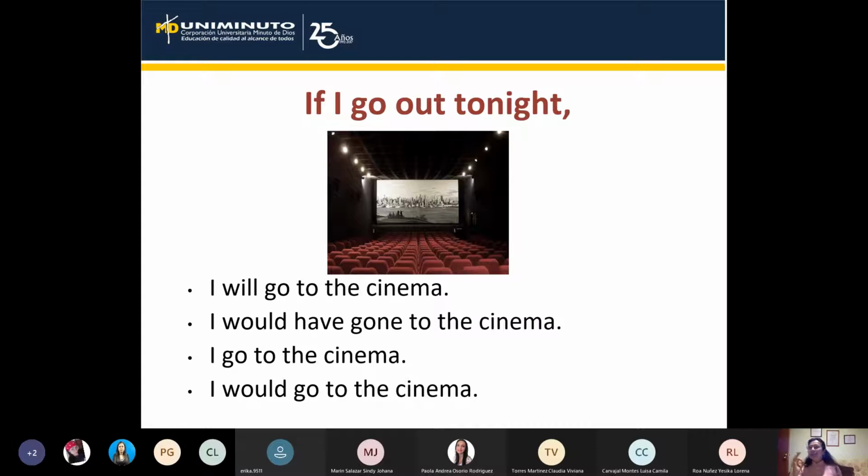What do you think is the appropriate? Here you have present tense. If I go out tonight, what is the best option? I will go to the cinema, I would have gone to the cinema, I go to the cinema, or I would go to the cinema. What is the best sentence to complete this conditional sentence?